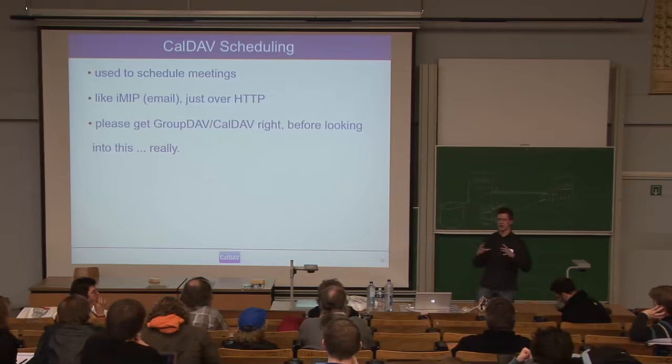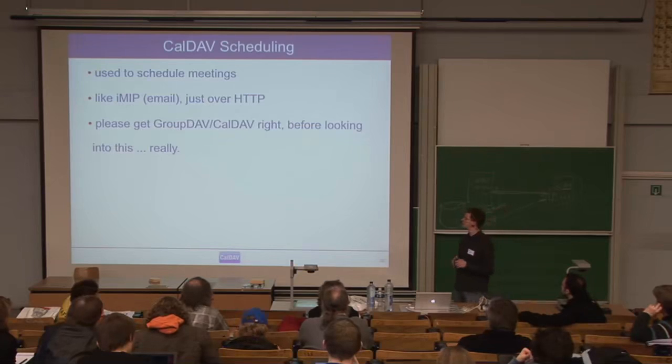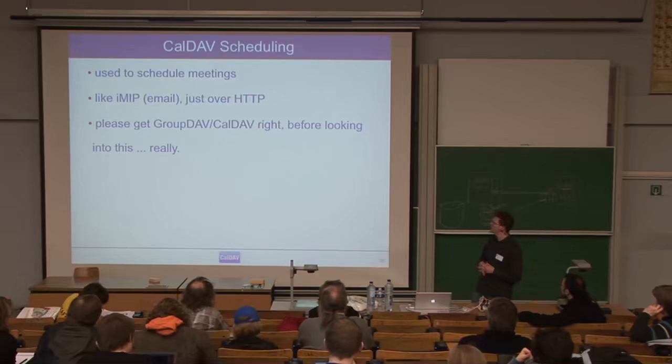They send an iCalendar message embedded in a regular MIME mail to the other user, and he can then accept the meeting, and all the interaction in that is documented in iTIP and iMIP. Standard protocols which are widely deployed and standardized since a lot of years as well. And CalDAV scheduling is almost the same thing, just over HTTP.